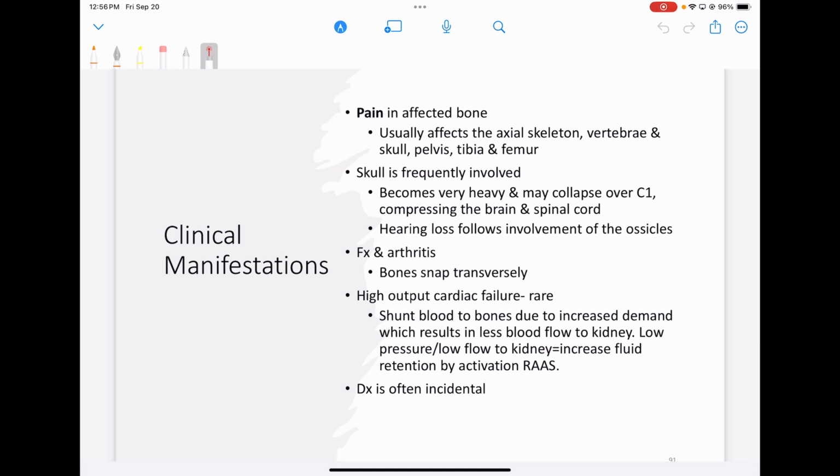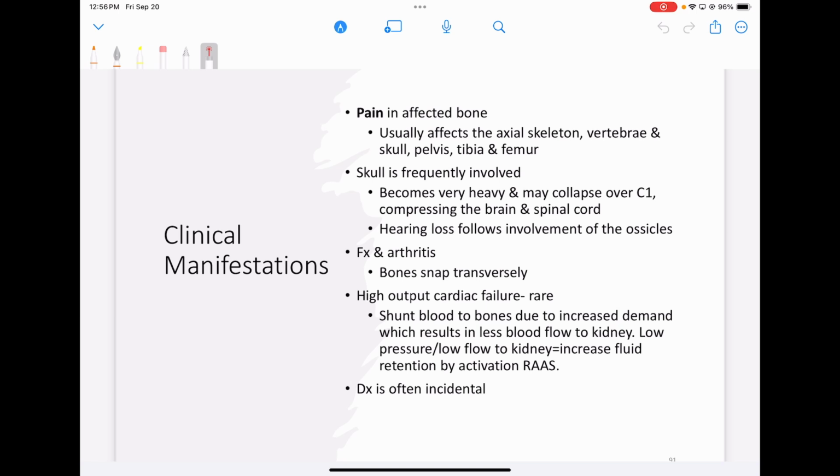Sometimes people with Paget's disease also present with high output cardiac failure, which is very rare. It shunts blood to the bones due to increased demand. All this remodeling, remember, needs blood supply to do all that. You have to have blood to the area. Because with Paget's disease, they have this mixed stage where they're undergoing osteoblast, osteoclast activity all at once, that requires a lot of blood.